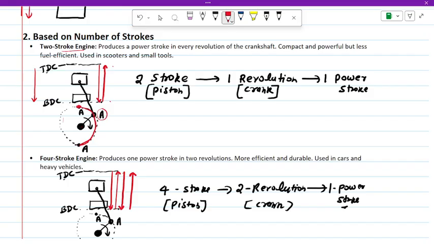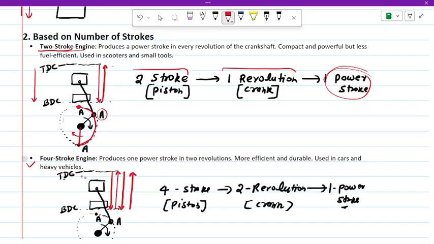If the crank is like this, then the piston will be at the bottom dead center, and again the piston is moving in a clockwise direction and goes up to point A again, then the piston will go up to the top dead center. It means if the piston is moving two strokes, then the crank will take a single revolution. And in that case, if we get power in one stroke, then this engine will be termed as two stroke.